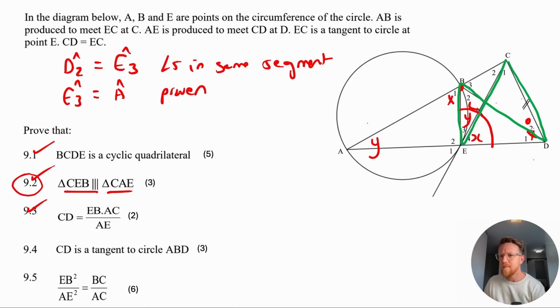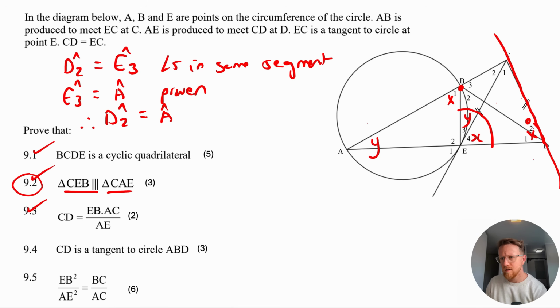So what it then means, therefore, is that this is the same as that. So we can then say, therefore, D2 is the same as angle A, and that's what we wanted to prove, so that we could say that that line is a tangent to this circle that goes like this.